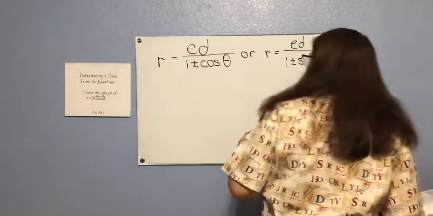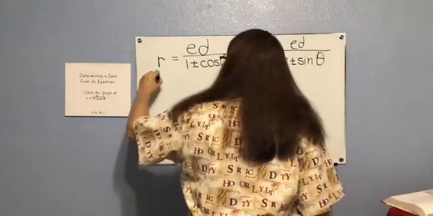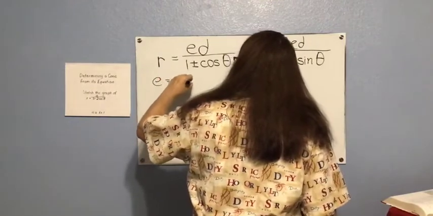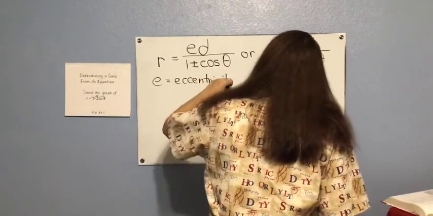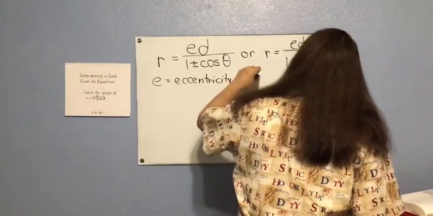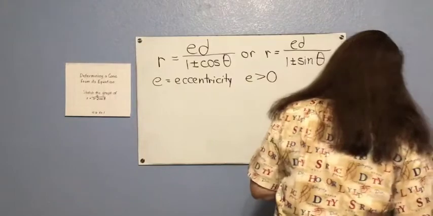Just a reminder, this e is the eccentricity, and it is always a positive number.